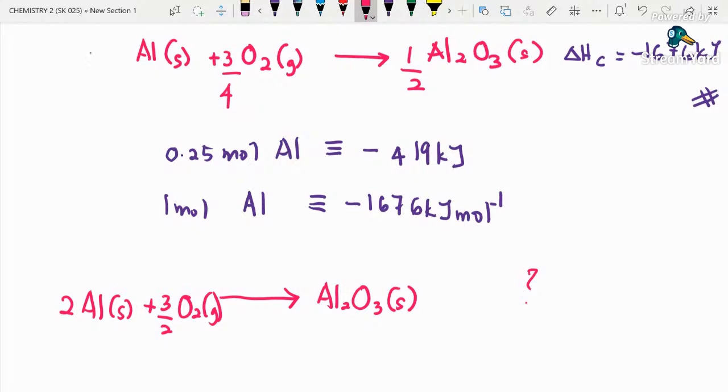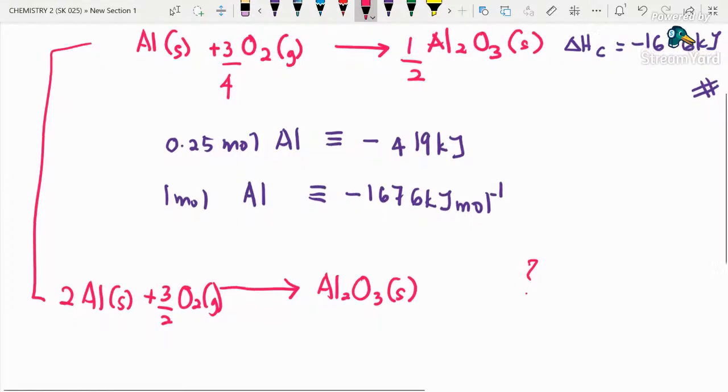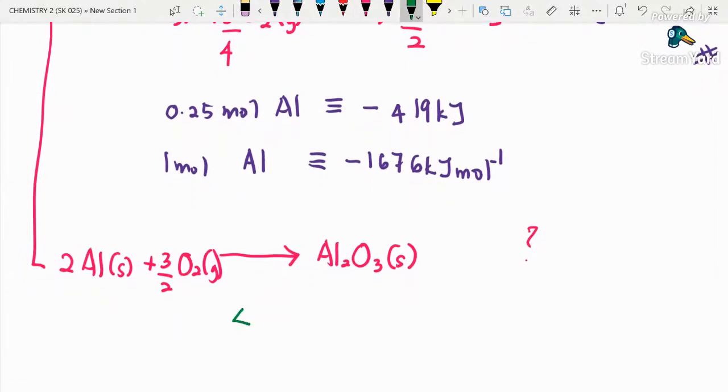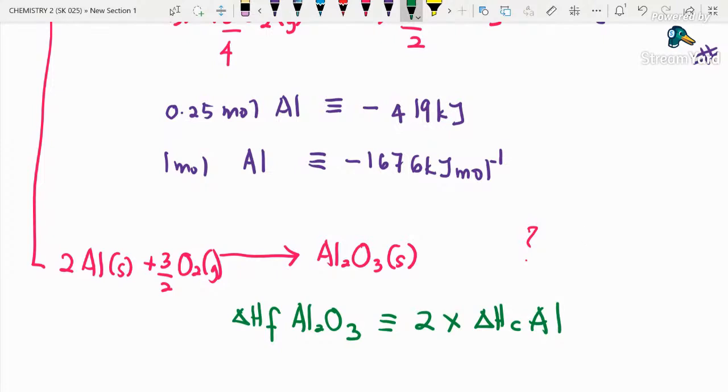So now let's look at these two. What is the relation? If we can see, the enthalpy of formation is two times delta HC. So we can write the statement: delta HF of Al2O3 equals 2 times delta HC of aluminium.